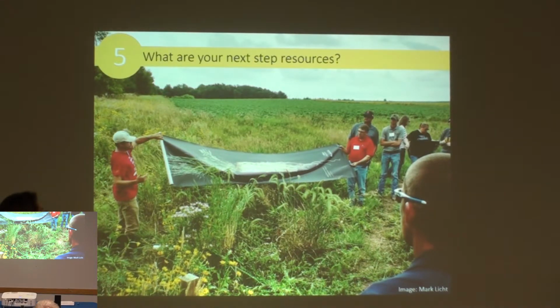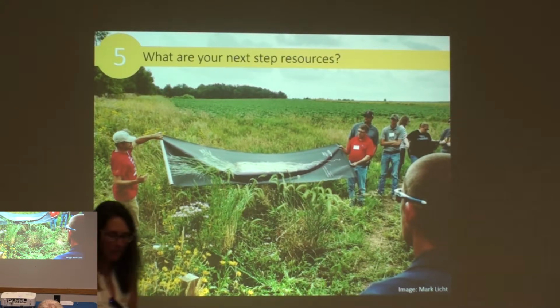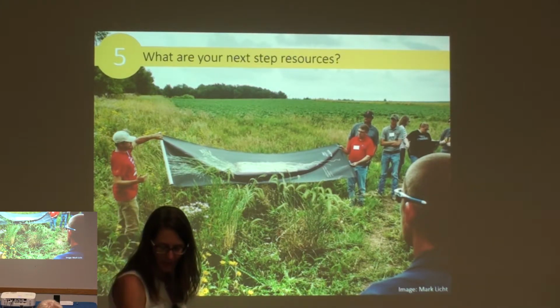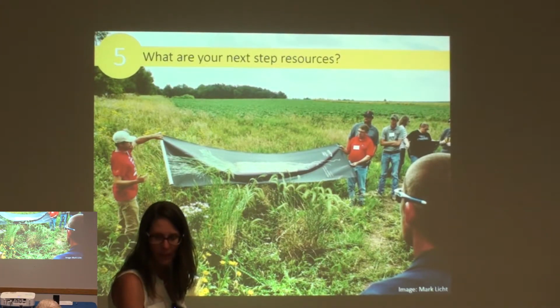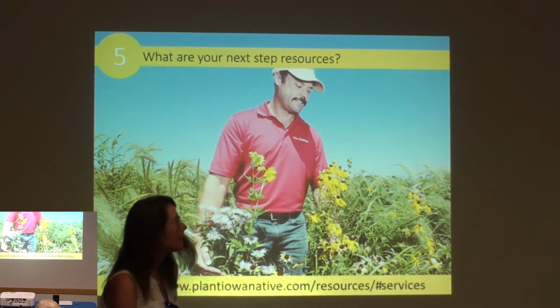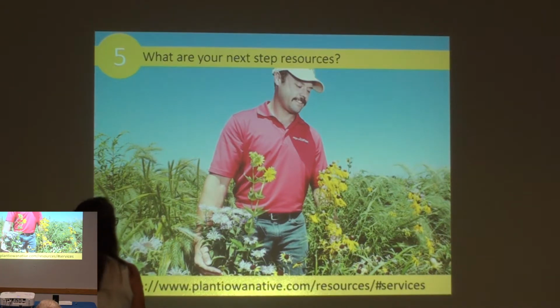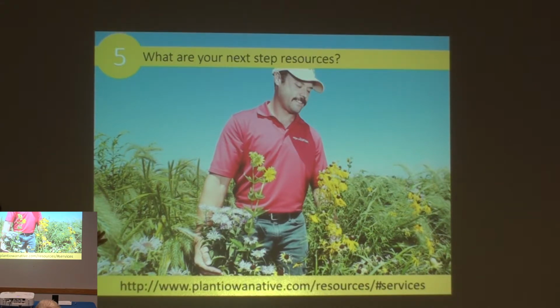One of my favorite ways to think about farms as ecosystems is actually out on the farm and talking with farmers and landowners. I highly recommend field days for dialoguing with farmers and farm landowners about how they're managing their farms as ecosystems. You can also have consultations with technical service providers.